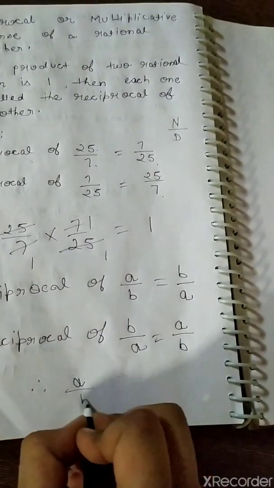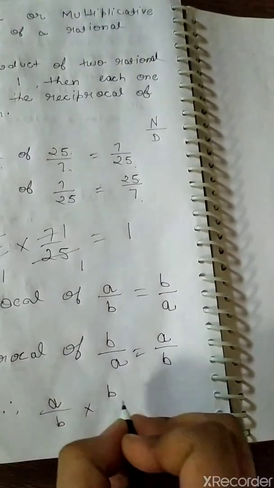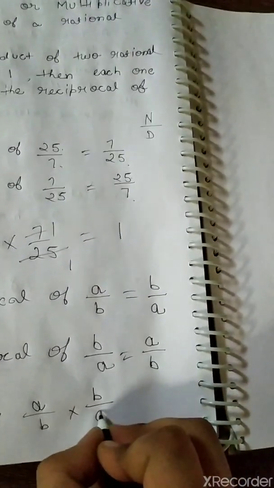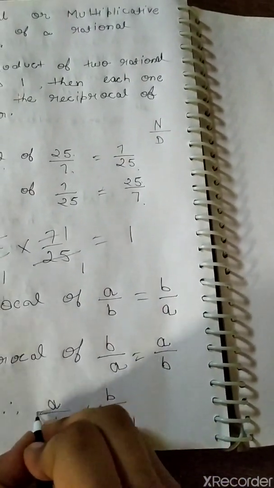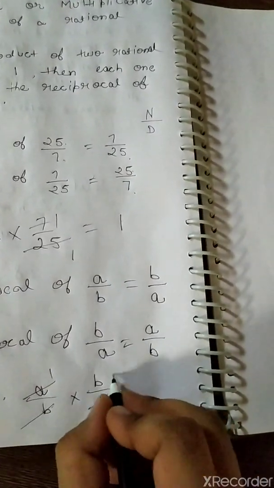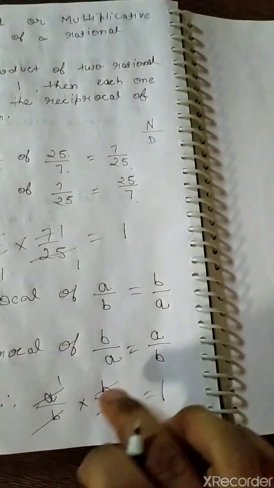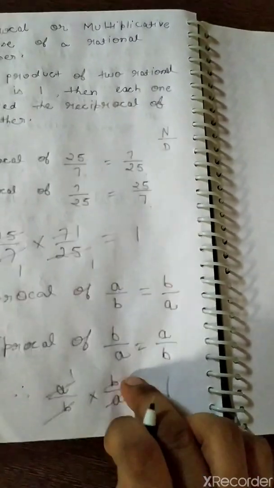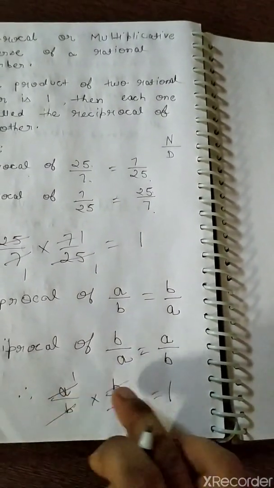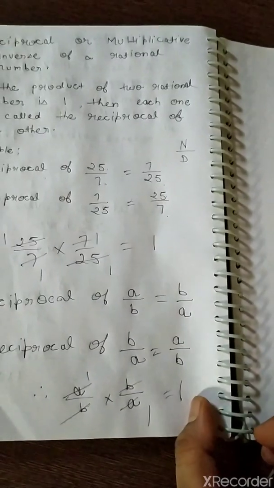You will multiply this a by b into b by a. So this a and a you will cut, and this b and b, so the product will be 1, because this b is at the numerator and this b is at the denominator. So this way you will cut, it will come 1 only. Okay.